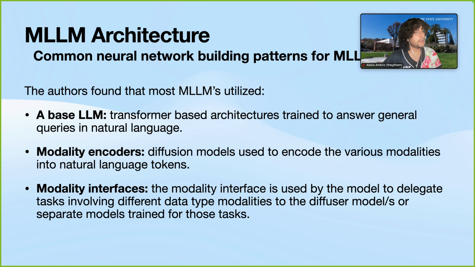So you can think of every modality encoder as a different task in a way, because it is converting the original request into tokens, and then it's coming back together to the base LLM for that original request.